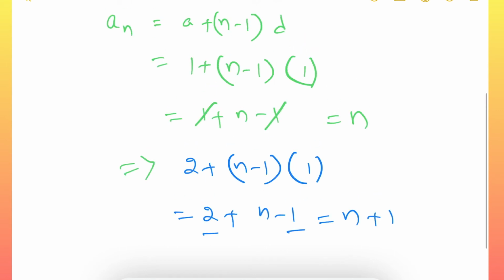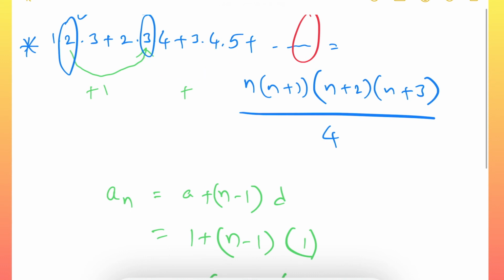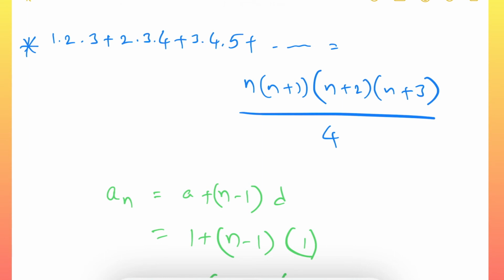Now let us check for third numbers. Here third term is 3, here third term is 4, here third term is 5. So from 3 to 4 1 is the difference, and from 4 to 5 also 1 is the difference. So here also common difference is same. So this is also AP.